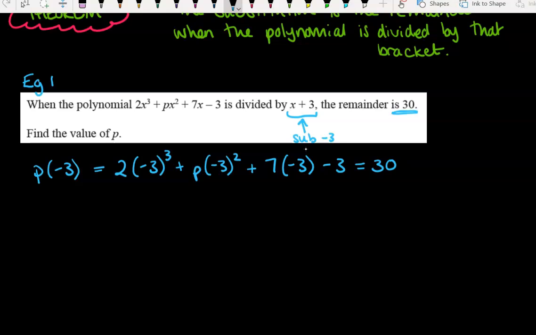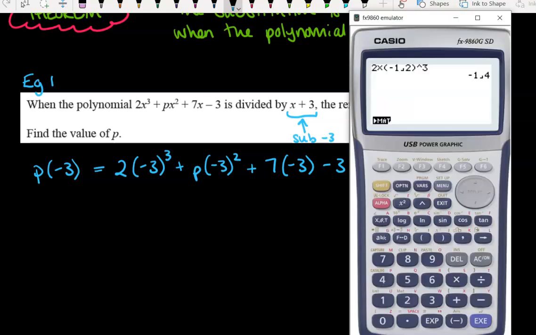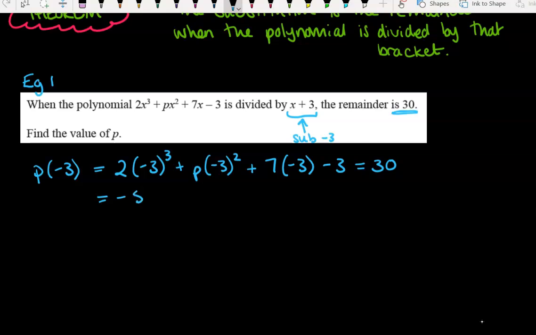Okay, so now you can pop out the calculator. We're going to do 2 times minus 3 to the power of 3. That makes minus 54. Minus 3 squared is 9, so this will be 9p. 7 times minus 3 is minus 21. Minus 3 equals 30.